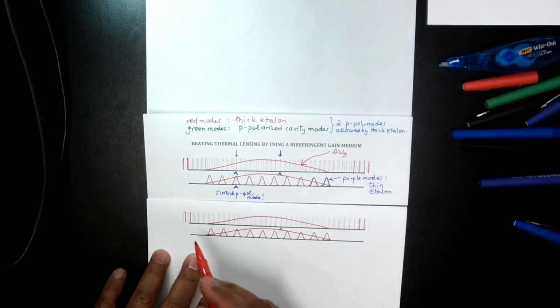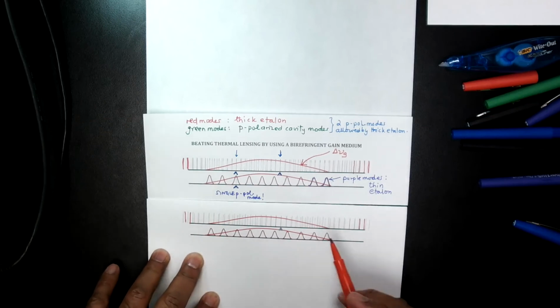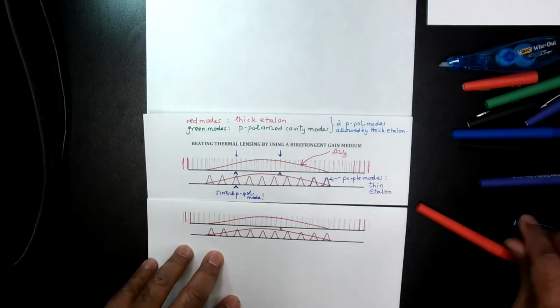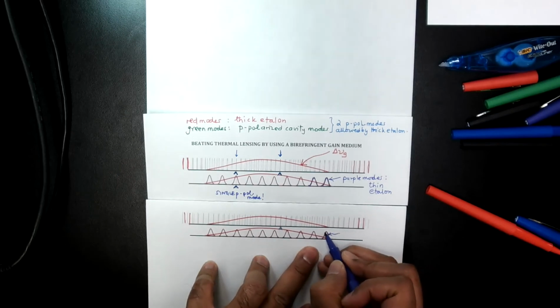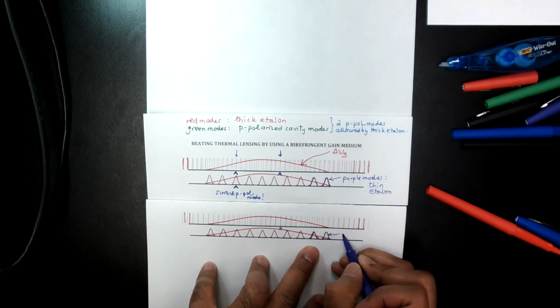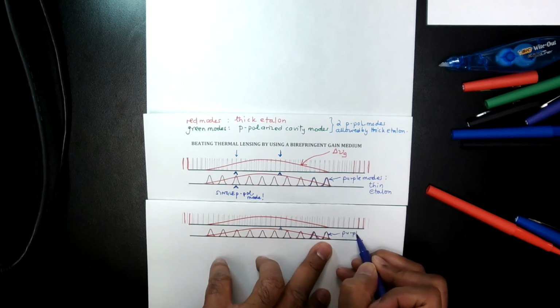Okay, and then so on, like there's a lot of red lines. The thick echelon modes are still there. The purple thin echelon modes are still there, just as above.